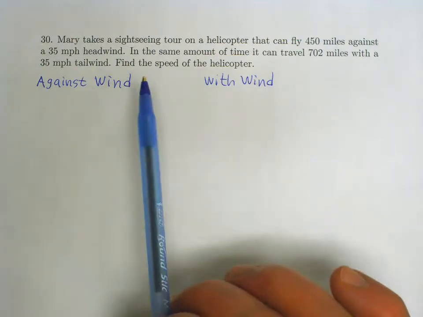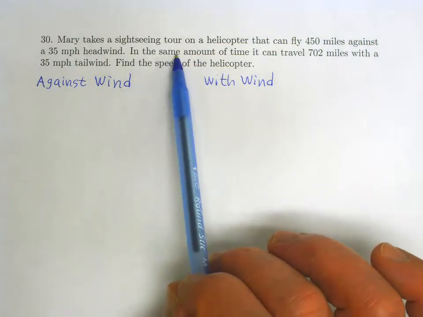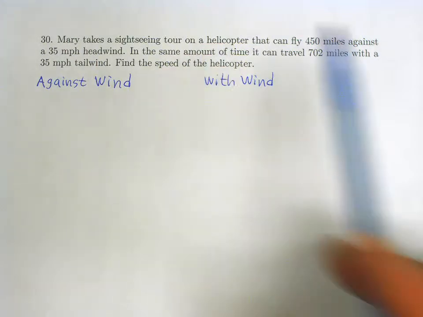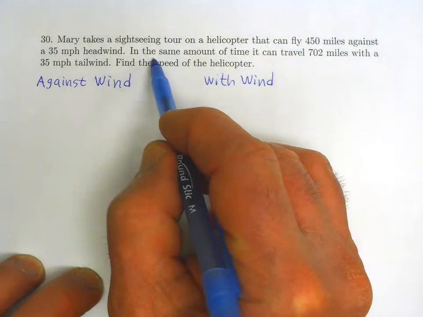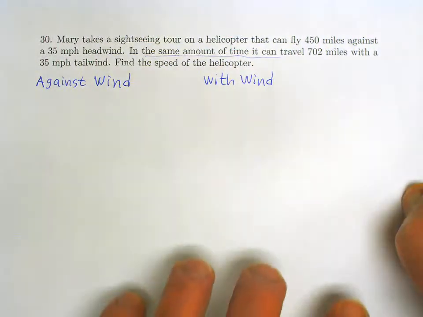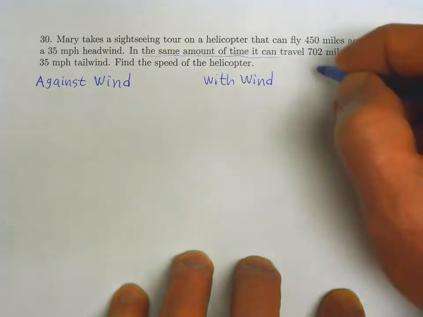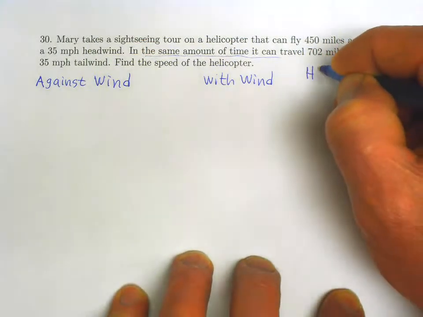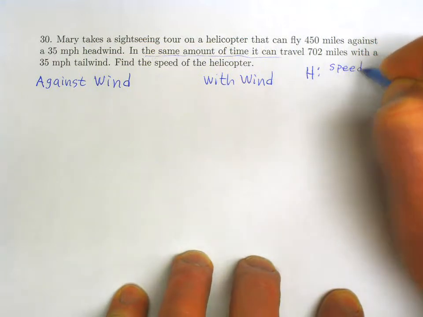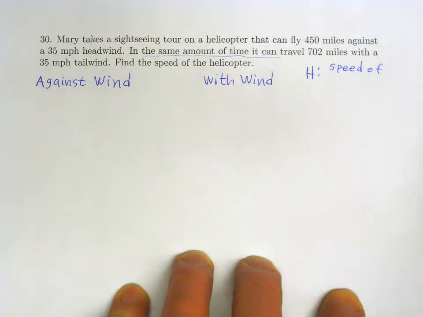And we're also told some important information. The 2 amounts of time are the same, so that's an important detail to take note of. And we're supposed to find the speed of the helicopter. So I'll just pick capital H to be the speed of the helicopter in miles per hour.